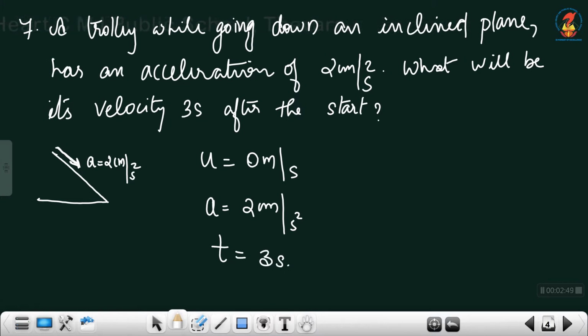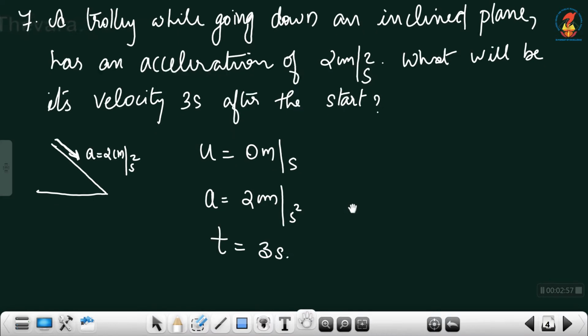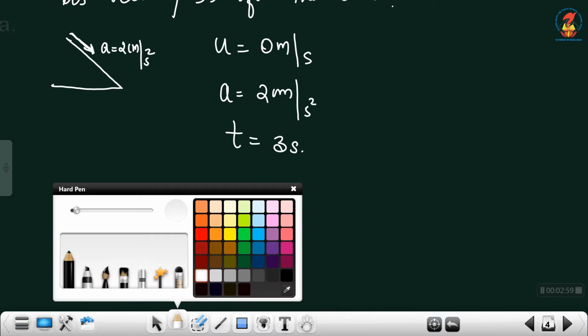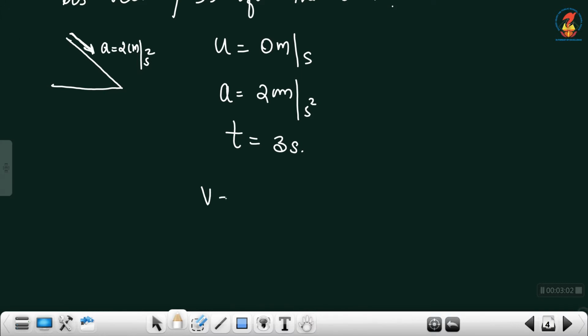So, what do you have to find out? What will be the velocity, means final velocity. What's the equation to find final velocity? v equal to u plus at.